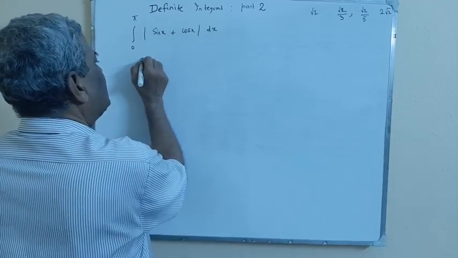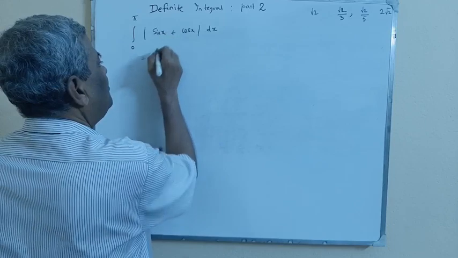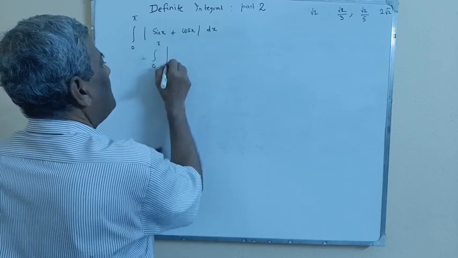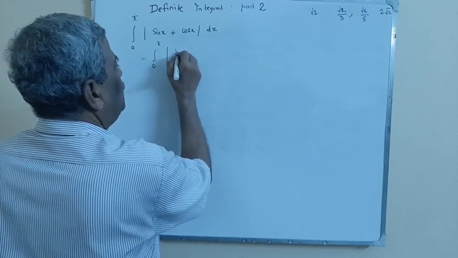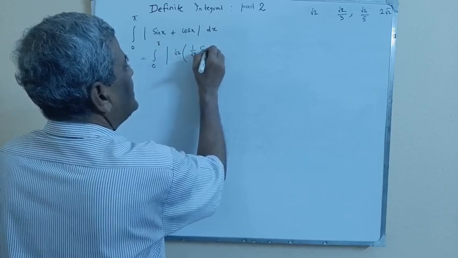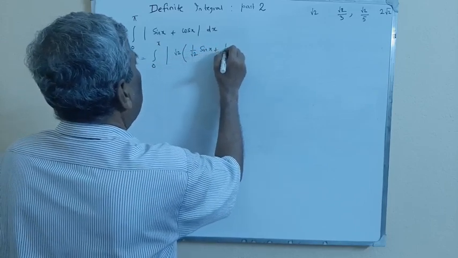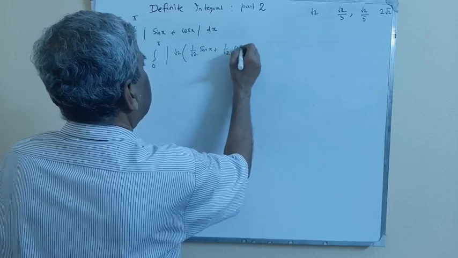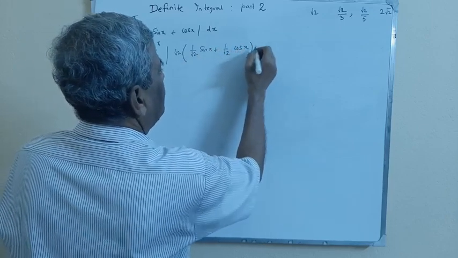For that purpose, it is √2 into 1 by √2 sin x plus 1 by √2 cos x dx.